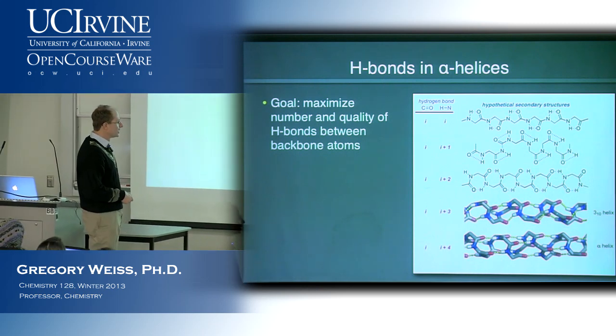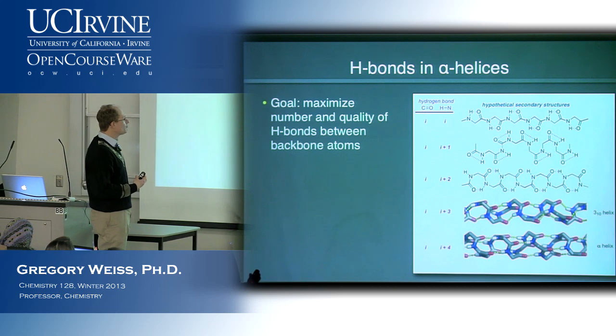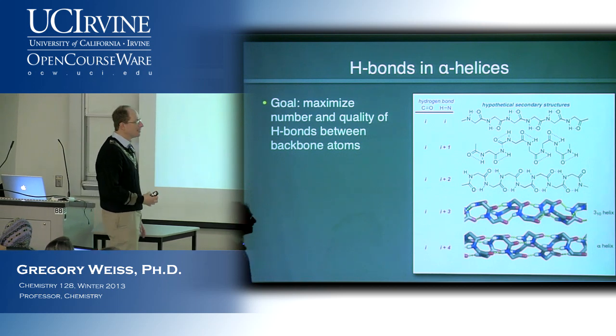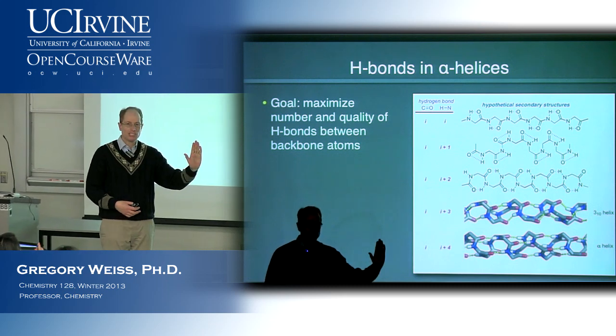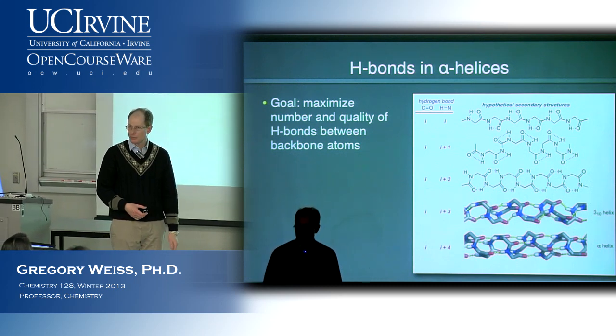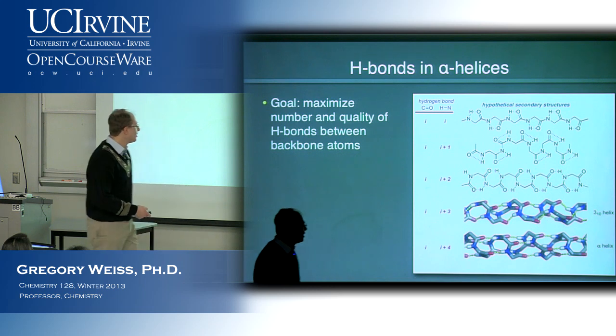Now another canonical mode for protein backbones is to form helices. So we saw on the previous slide that the backbones can form sheets. These sheets are typically curvy. We'll talk more about that in a moment.